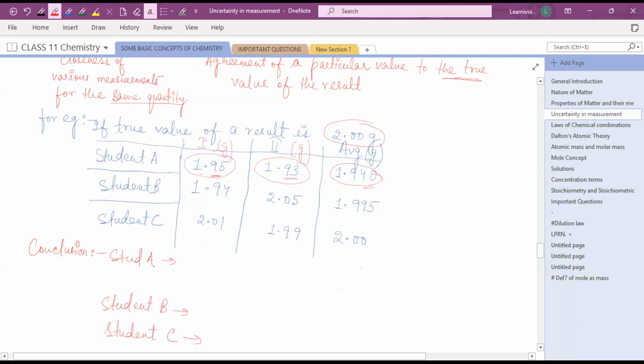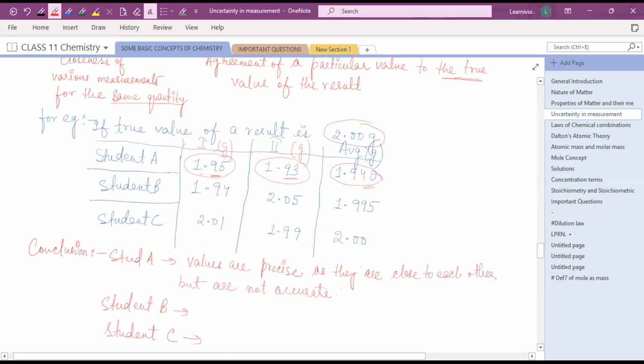So for student A, the readings are precise, because they are close to each other. But they are not accurate.